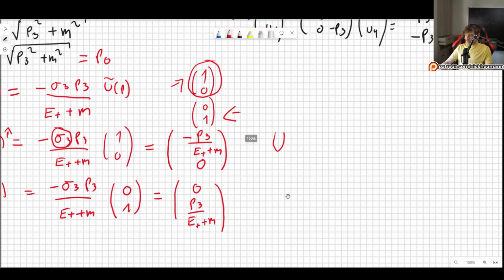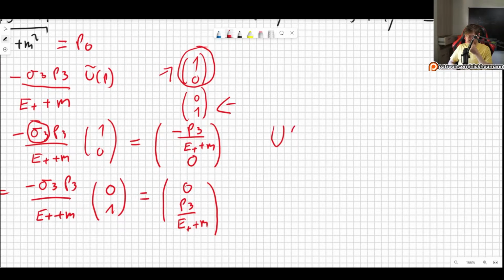Okay, so our U of P for the positive case, there are going to be two possibilities. One will be when you have this up sign, which doesn't have much more meaning now. It will be related to the spin of the particle. This will be the up case because the spin is going to be 1/2, but we don't know any of that yet, so don't let me spoil it, even though I already did.